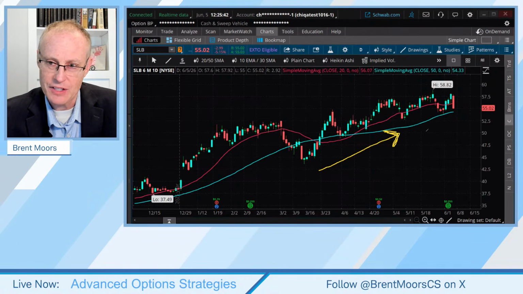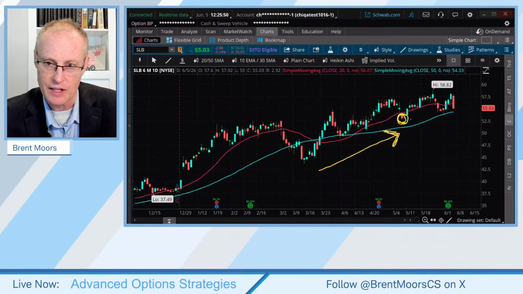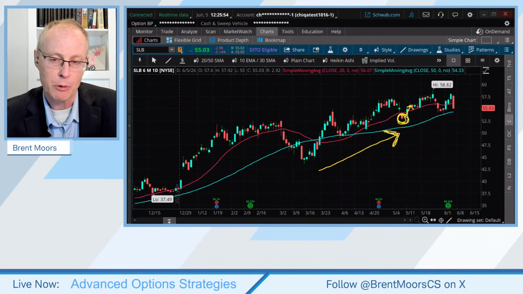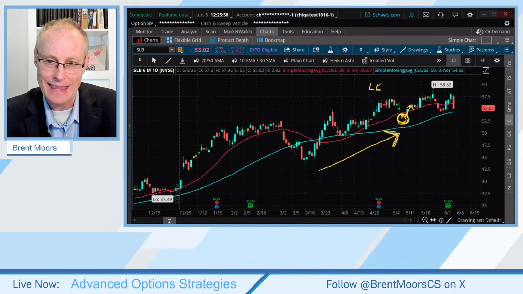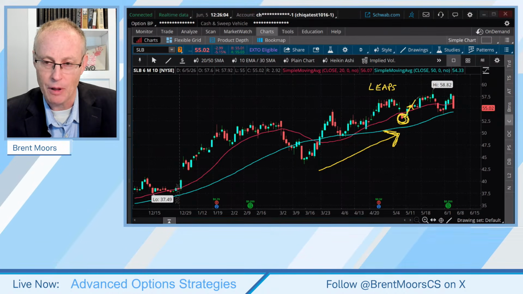If you think the stock is bouncing right there, let's say we were looking at this and anticipating it was going to bounce up, one approach would be to buy the LEAPS at that point, because you're bullish. Wait until it's gone up a little ways, and if you think it's going to hit more of a sideways period, that's when you would sell the call.